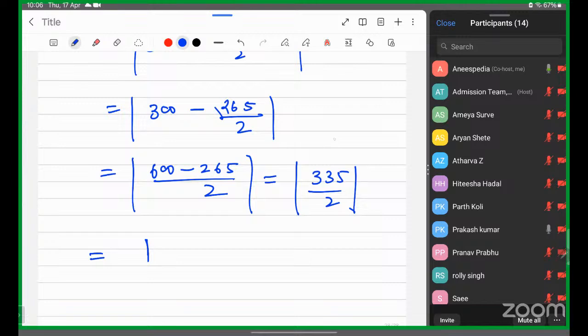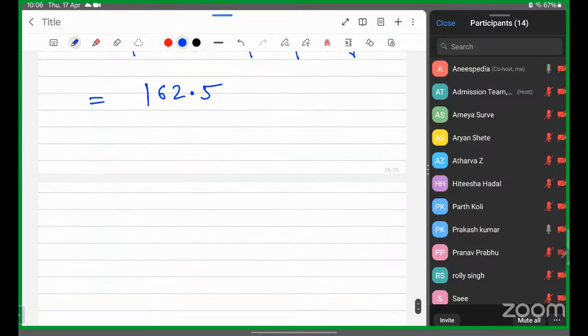So this will be 162.5. And for reflex angle, we subtract it from 360.